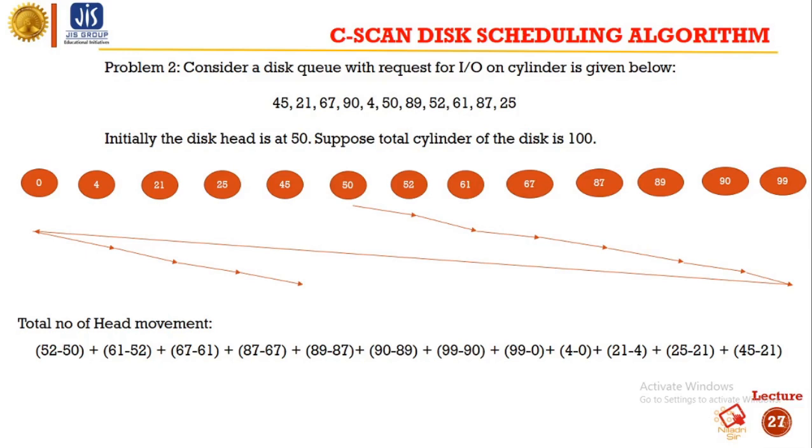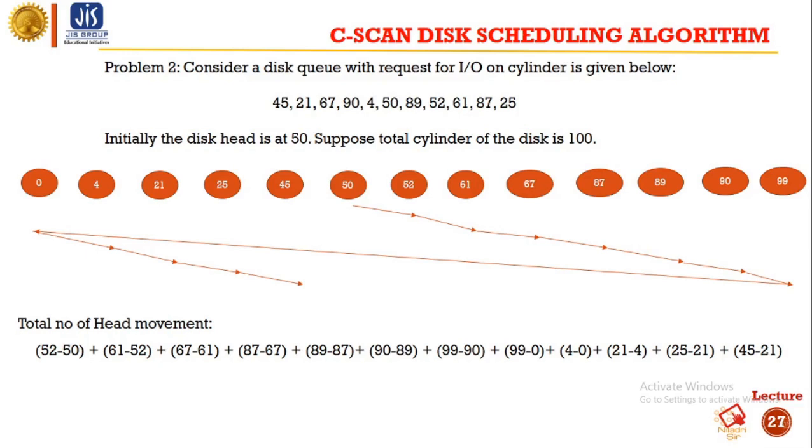From 87 to 89, that is 89 minus 87. From 89 to 90, that is 90 minus 89. From 90 to 99, that is 99 minus 90. And from 99 to 0, the head movement is 99 minus 0.